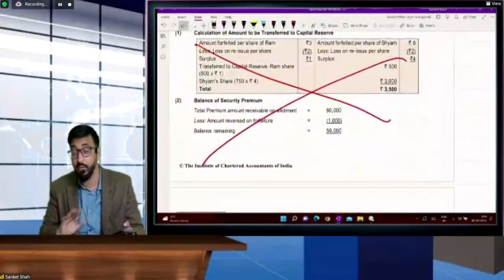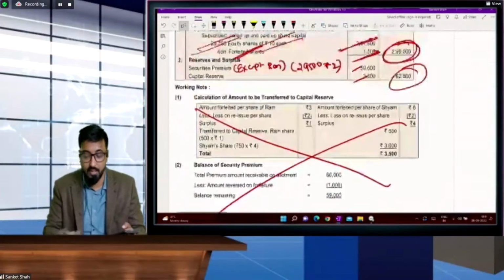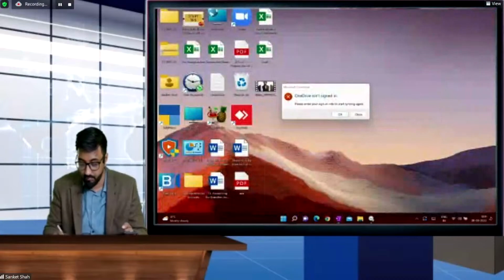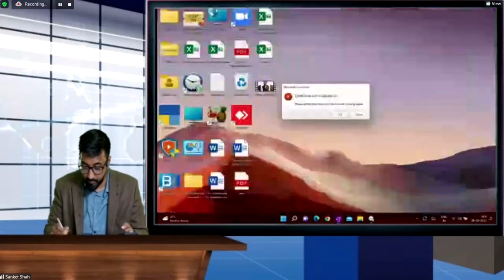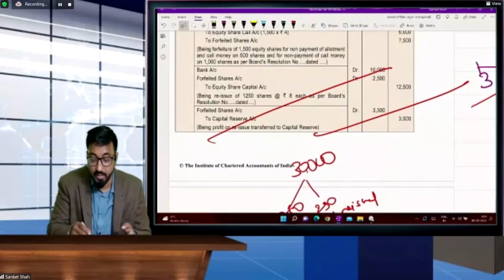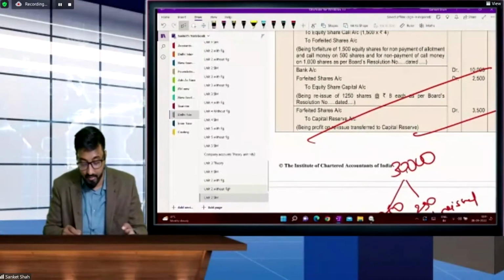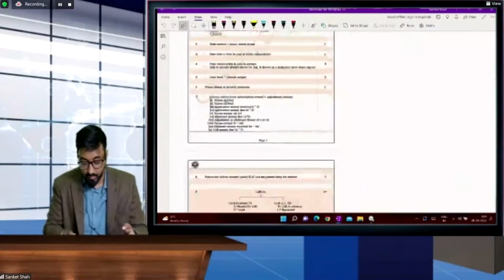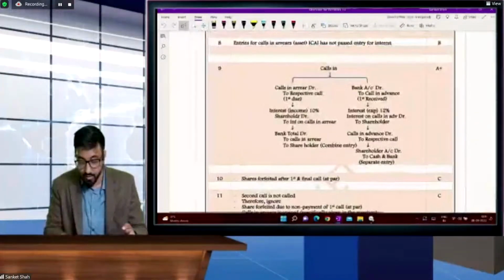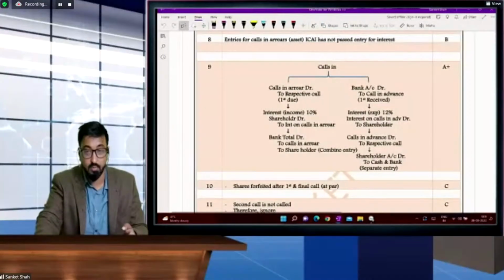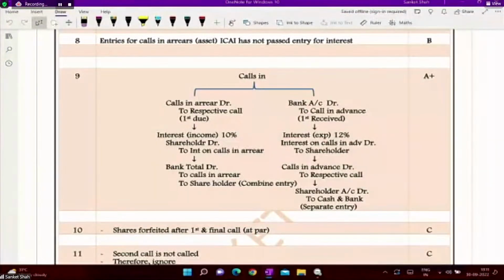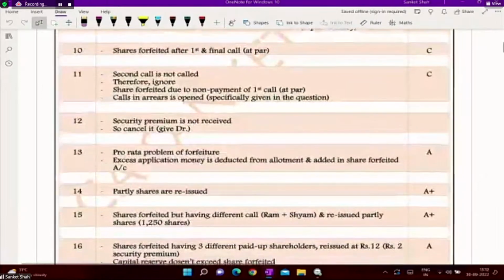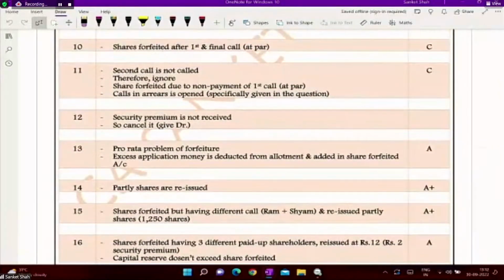I know today is a very difficult day for you. Number 9 was difficult. Today was a very tough day because there were many difficult questions. But beta, don't lose courage. You can see the index, illustrations 8, 9, 10, 11, 12, 15. 16 is your homework.